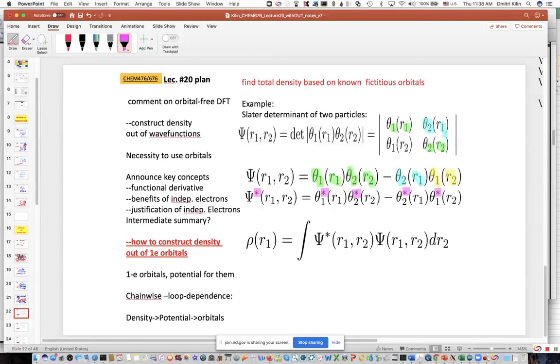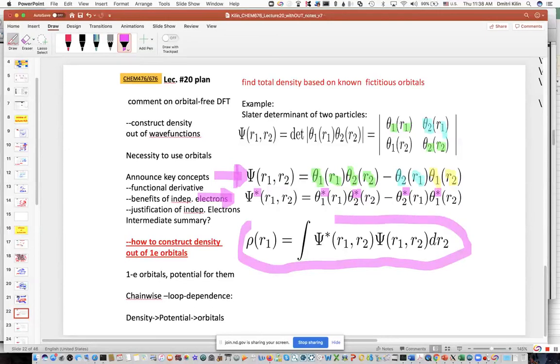Now let's use these two equations and plug them into this definition. Since we have only two electrons, all but one means integrating over the position of the second electron.